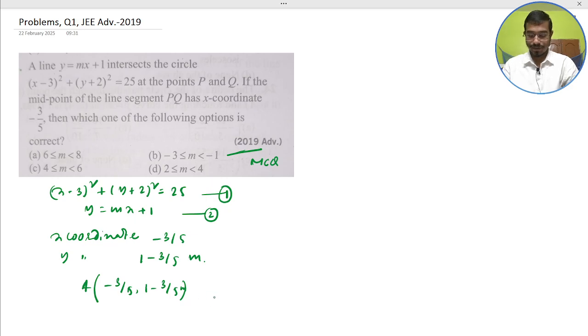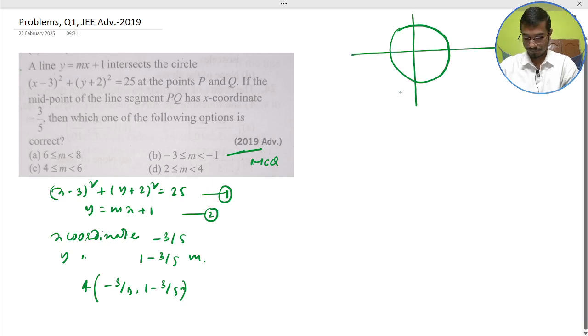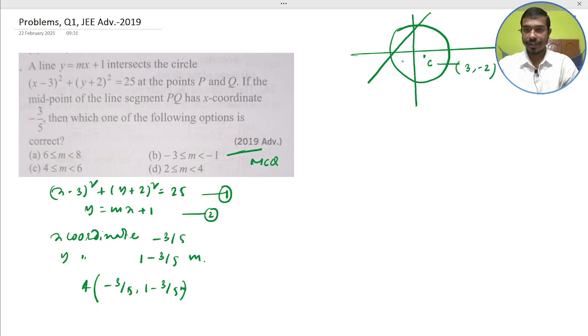I will now draw a figure for your better concept. This is a circle. This is x and y. This is a line. This is basically the center of the circle, (3, minus 2). This is PQ.